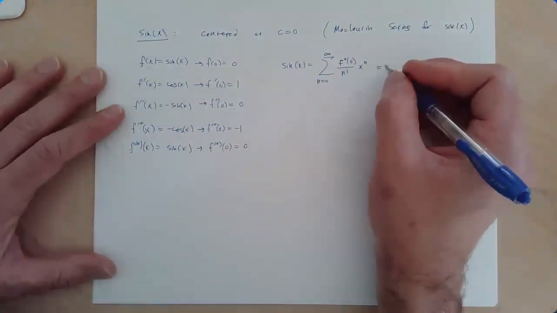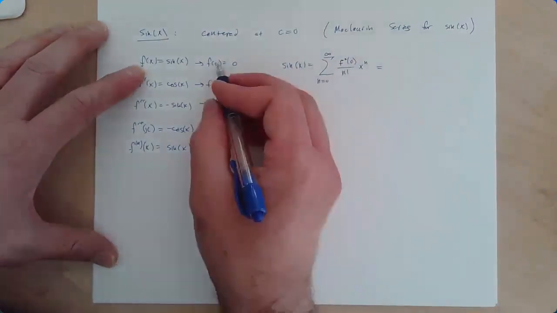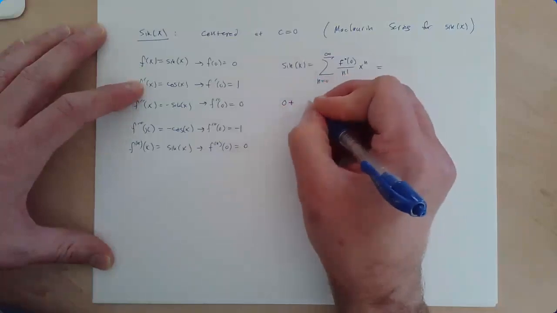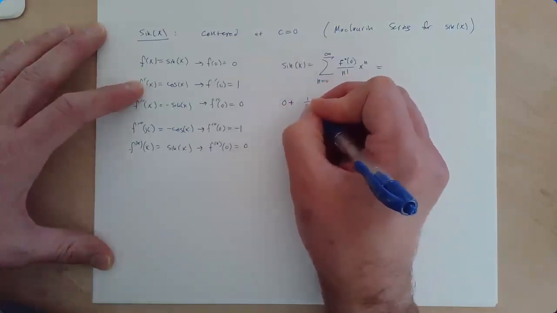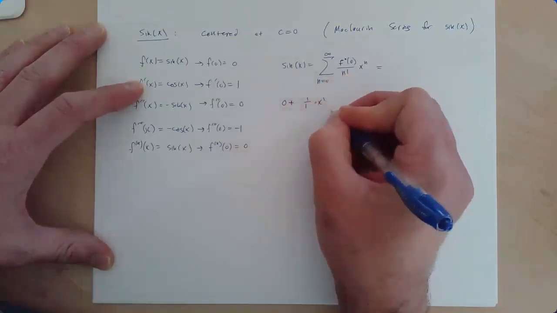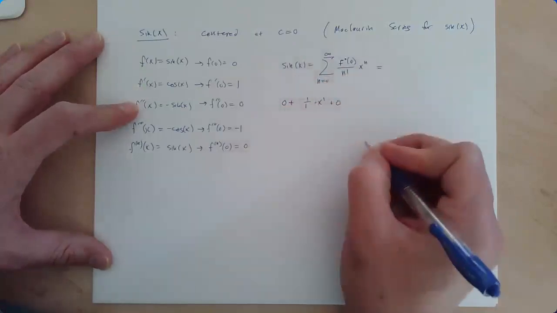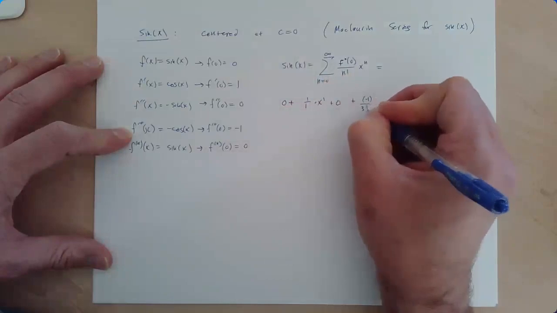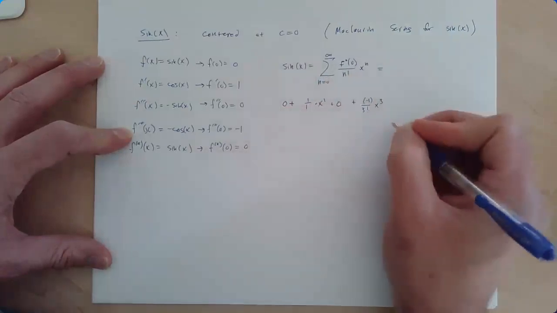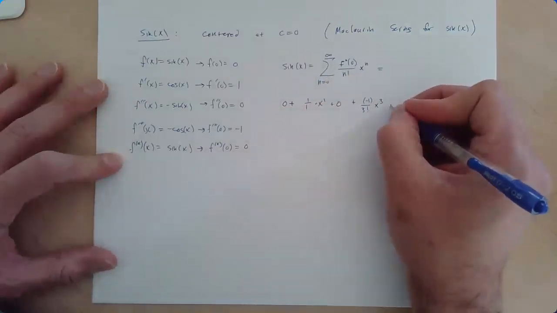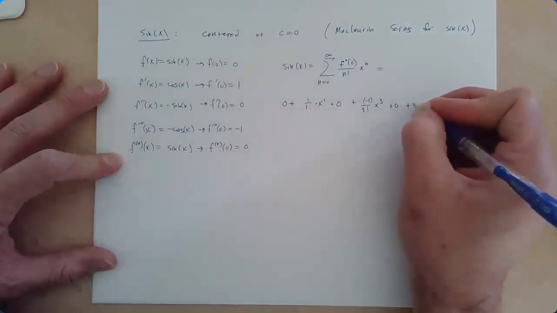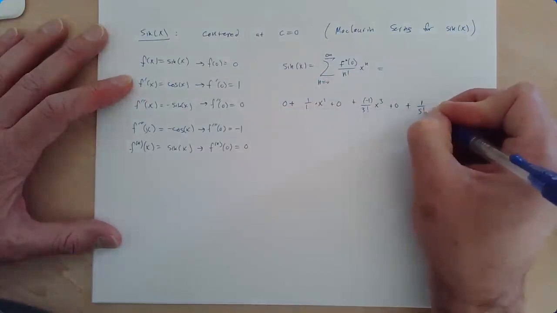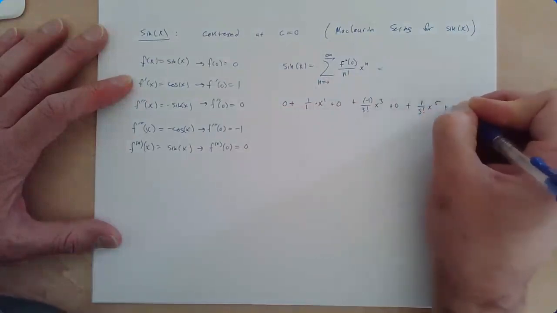So I'm going to get 0 plus 1 over 1 times x to the first plus 0 plus negative 1 over 3 factorial times x to the third. And then my fourth term is going to be 0. My fifth term, back to being positive, would be positive 1 over 5 factorial times x to the fifth. And it just goes on.